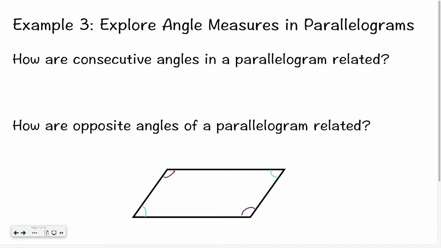This other purple angle would be opposite because they're not touching, they're not in a row. If I go from left to right, my consecutive would go that way. If I went from top to bottom, my consecutive would go that way. They're both considered consecutive. Now the cool thing about consecutive angles is that they are always, always, always supplementary.